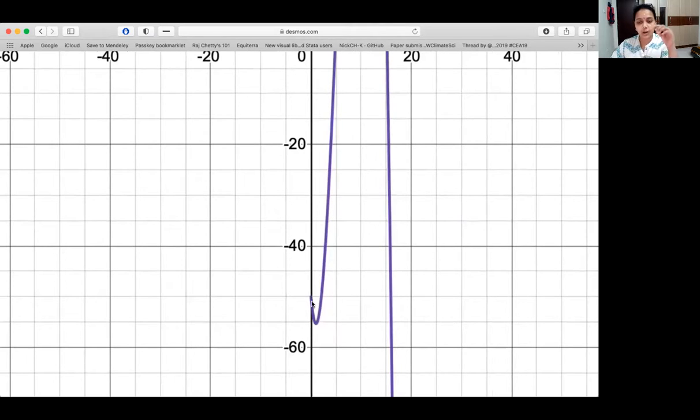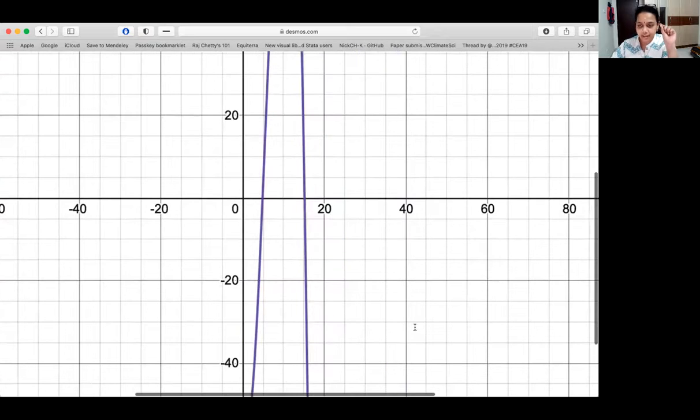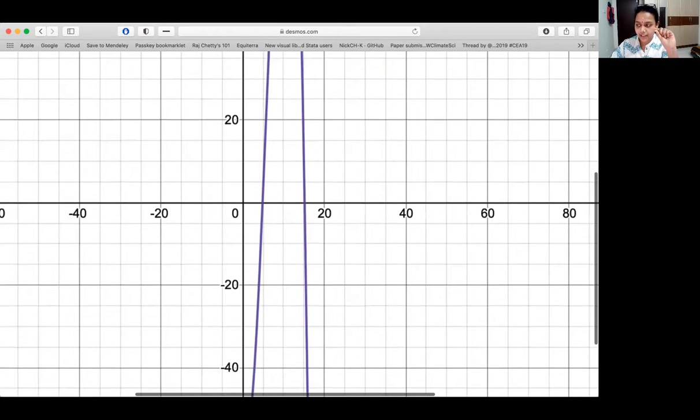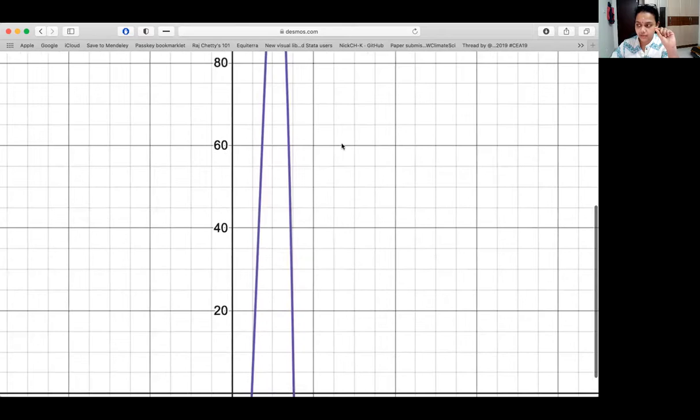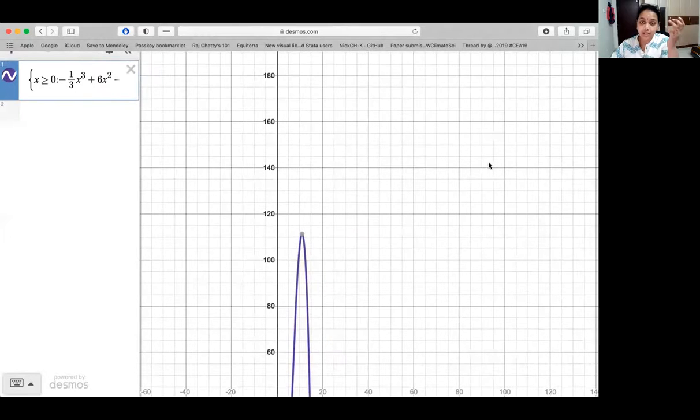So this tallies with how pi prime of 0 is negative. This is a graphical confirmation that we have identified the local maximum and the local minimum points correctly. And we have found that profit is maximized when x is 11. From the visual appearance of the graph, it does look like that is the global maximum.